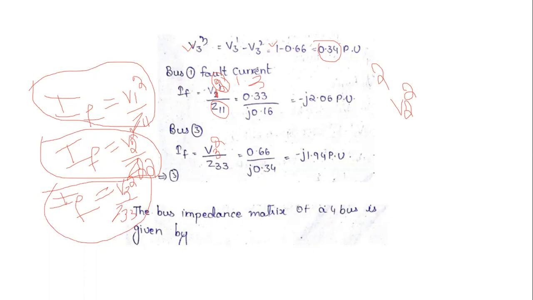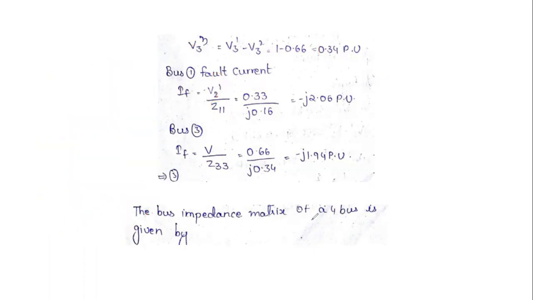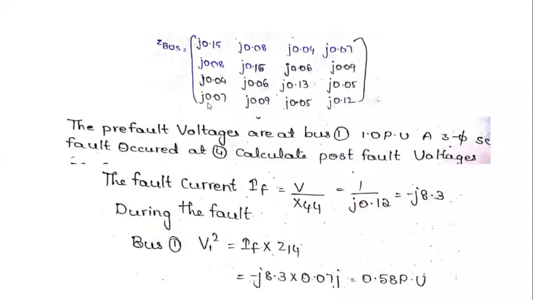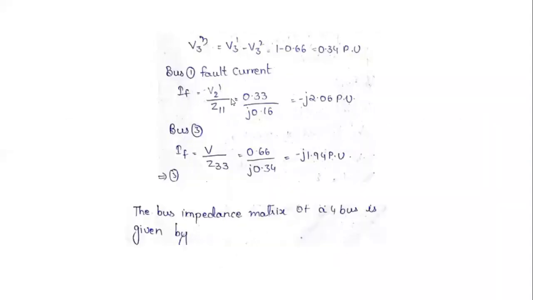Understand? Next, the bus impedance matrix of a 4-bus system is given. This is the second problem.